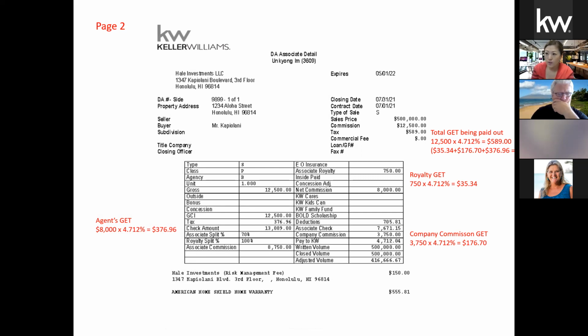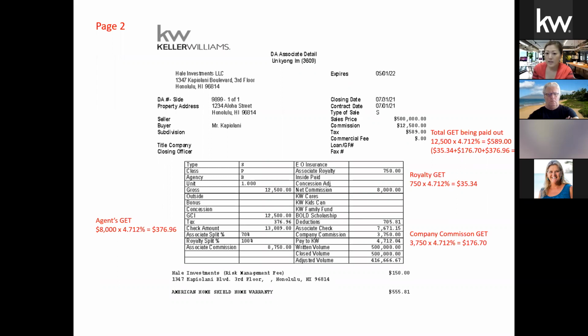If you go below that, you'll see associate commissions, and it says 8,750. You're getting that amount because it's the 12,500 times the agent split, which in this transaction is 70%. So 12,500 times 70% equals $8,750. That's what the associate commissions amount is.